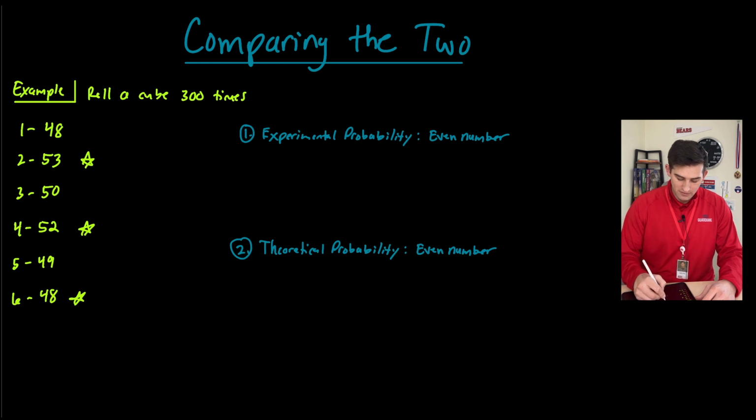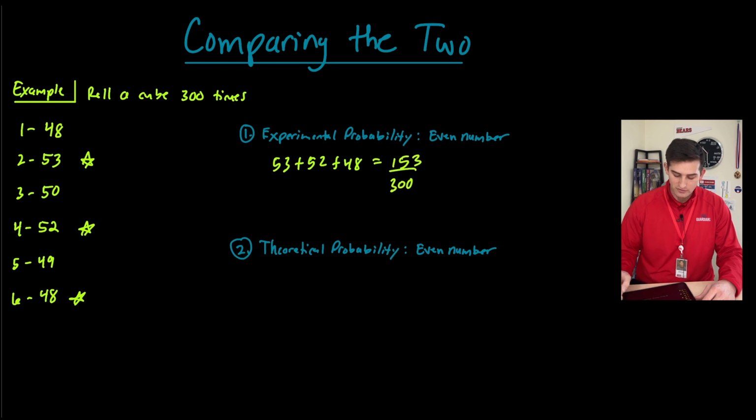That was 53, 52, and 48. That's 153. How many times did we roll the dice? 300 times, right? So now let's divide, 153 divided by 300, and that will give us 0.51, which is 51%.